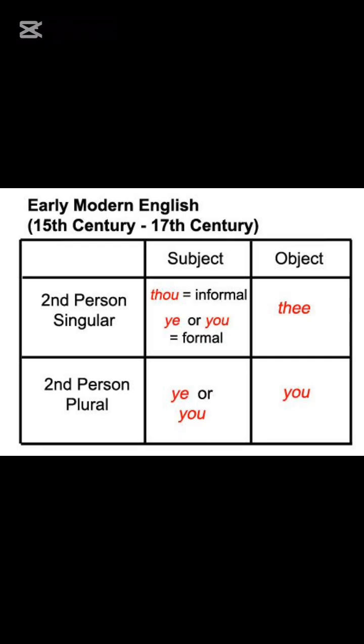Now I'm going to tell you the last and one of the most important periods, Modern English, which appeared in 1700 and continues to the present. Early Modern English was the language of Shakespeare, who added hundreds of new words and expressions.